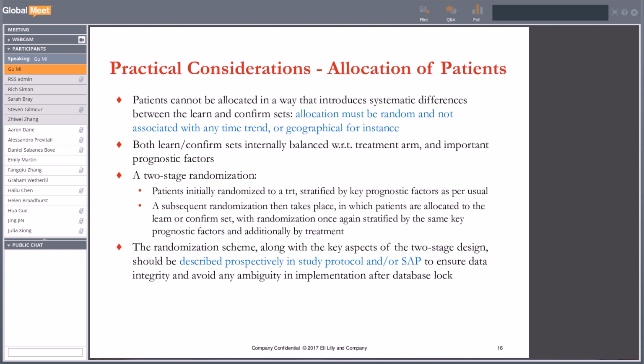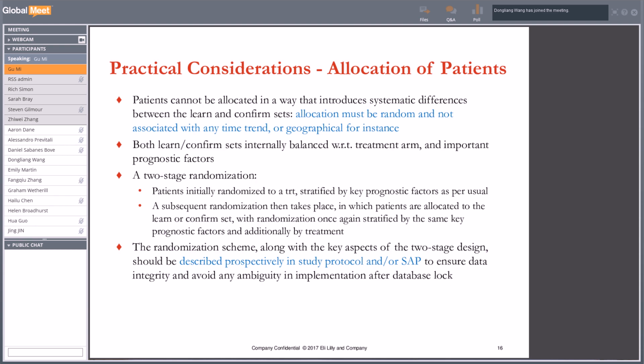Go to page 16. So here are some practical considerations when we allocate patients into the learn and confirm sets. First, no systematic difference between the two sets should be introduced. So the process must be random to ensure both sets are internally balanced with respect to the treatment arm and important prognostic factors.